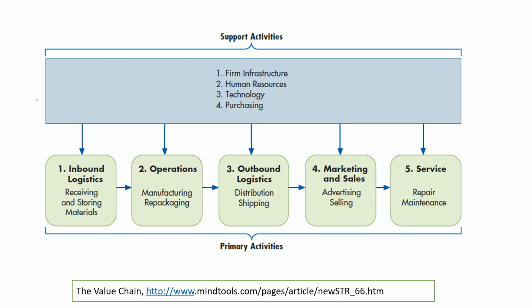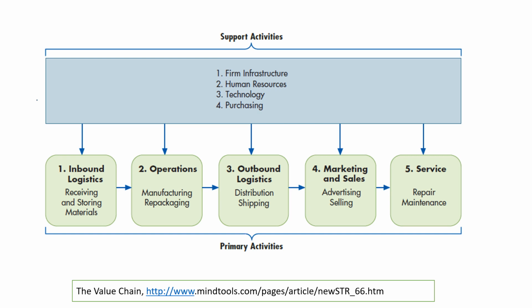As we can see here, there are support activities and we also have primary activities. When we say primary activities, these directly provide value to customers, while the support activities only indirectly give support to the primary activities. We will discuss this in the next slide.